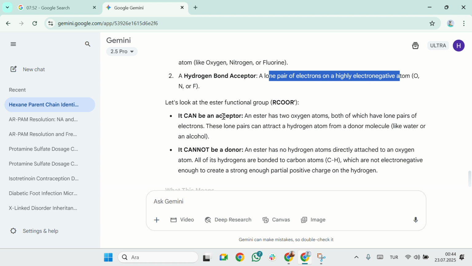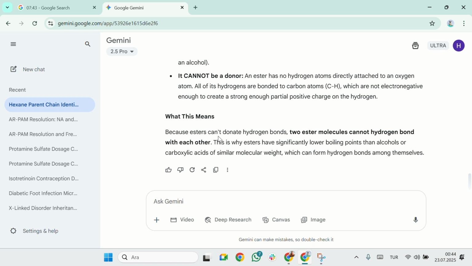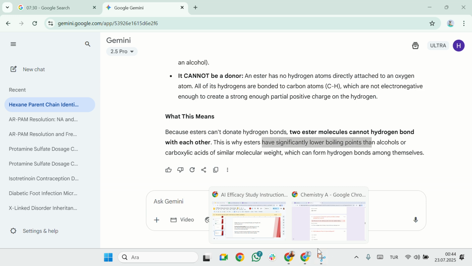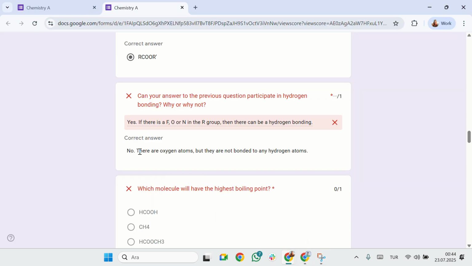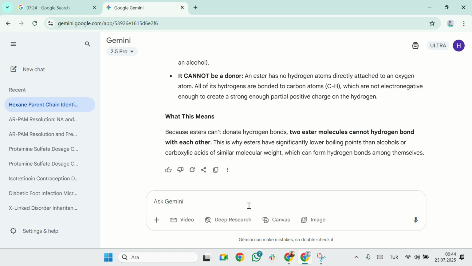An ester functional group can be an acceptor. An ester has two oxygens, both of which have lone pairs of electrons, so it can attract hydrogen. Oh, it can't donate hydrogen, so ester molecules cannot hydrogen bond with each other. This is why. Okay, I think this is a debatable answer. Let's ask if this statement is accurate.